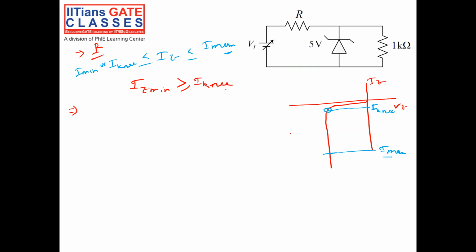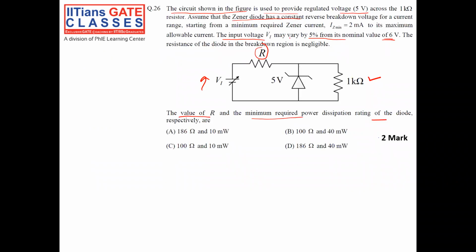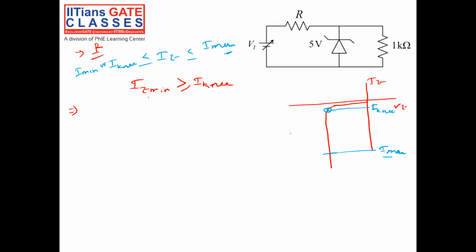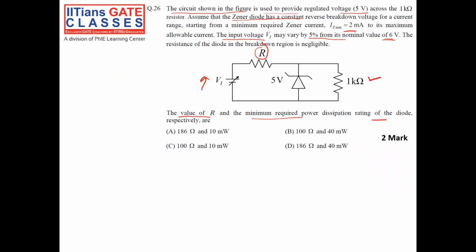Here I knee is nothing but the minimum current, which is given as 2 milliampere. So IZ minimum is 2 milliampere. What is IZ minimum? This is my current IS, this is my current I load. So I source minimum minus I load maximum gives me my IZ minimum, which should be greater than or equal to 2 milliampere, given 2 milliampere, right?